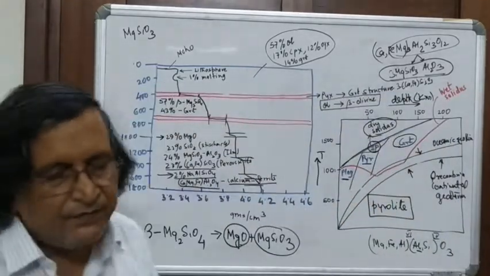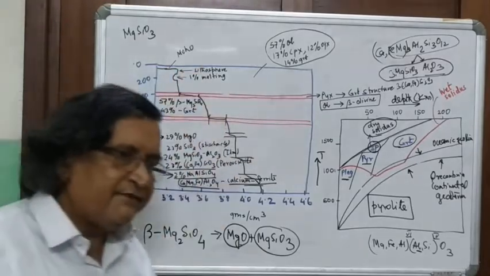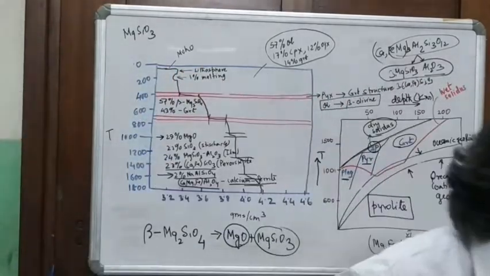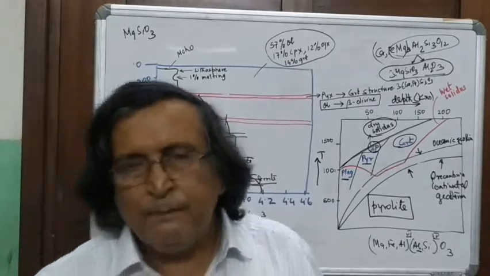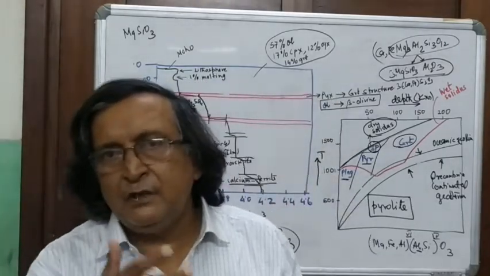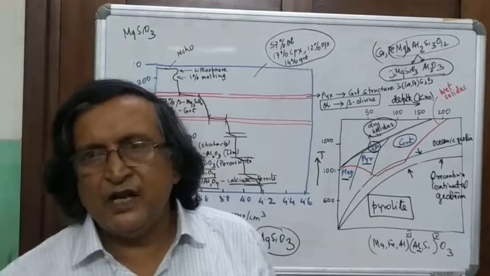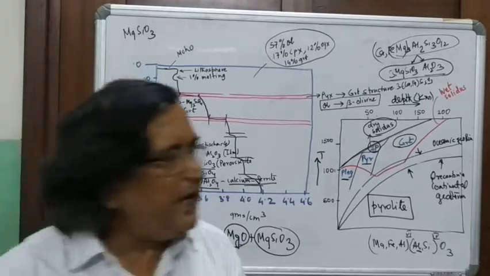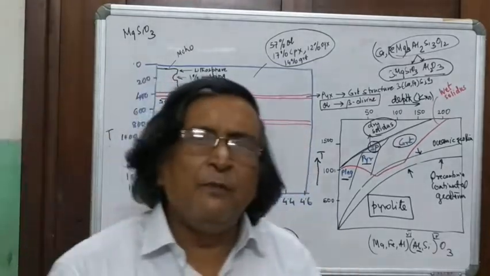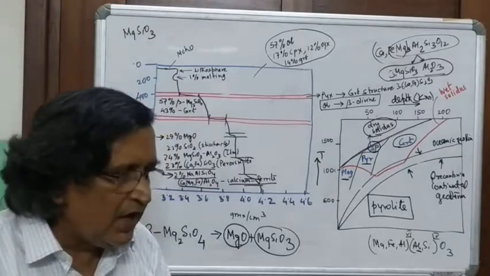So if I had to look at mantle melting below a depth of 670 kilometers, I need to know the partition coefficient of elements between olivine and melt, orthopyroxene and melt, clinopyroxene and melt, garnet and melt, plagioclase and melt, and spinel and melt. But the spinel field is very small. For the moment, we ignore the spinel part. That is where we are at the moment.